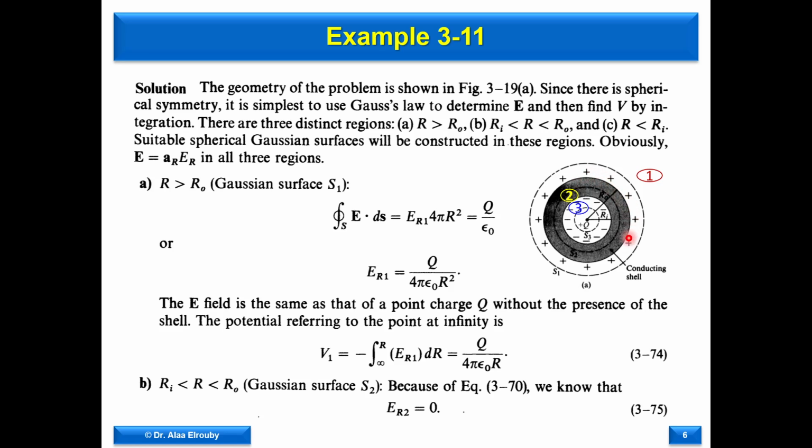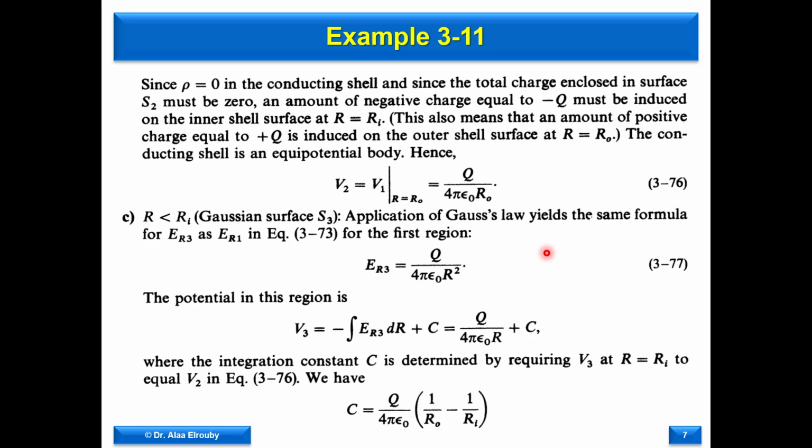So all the points on the surface have Q over 4 pi epsilon naught R outer. All the points inside also have the same value because it's an equipotential surface. So the electric potential in region number 2 equals Q over 4 pi epsilon naught R outer.